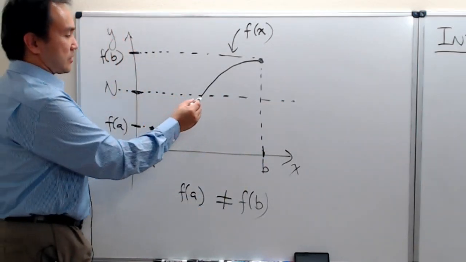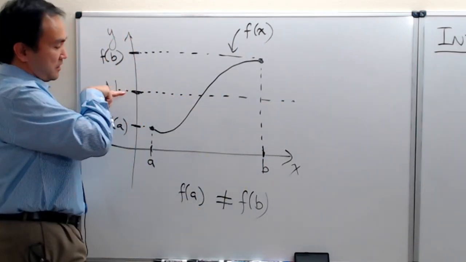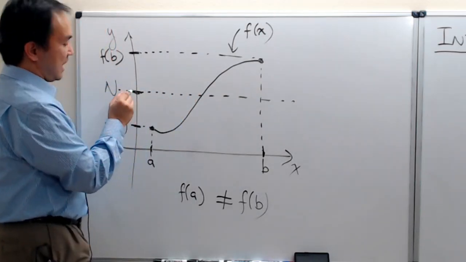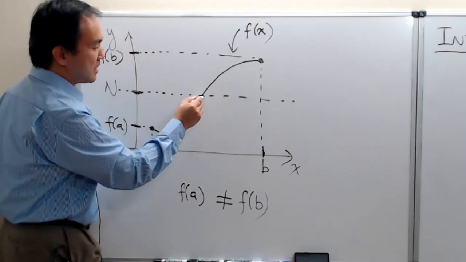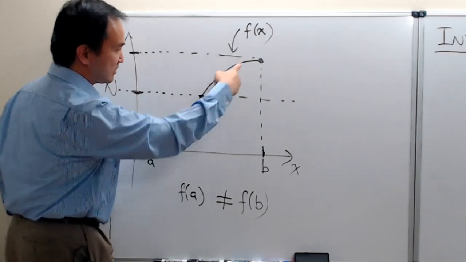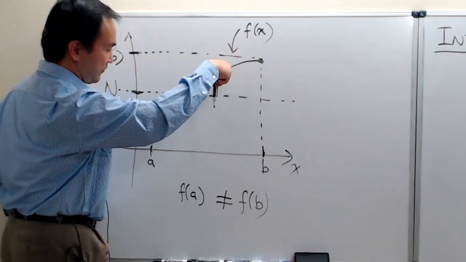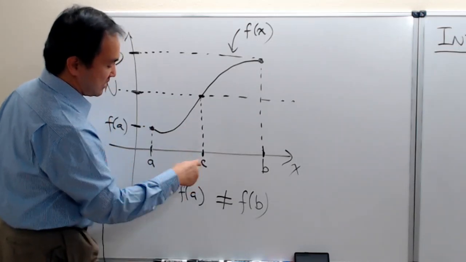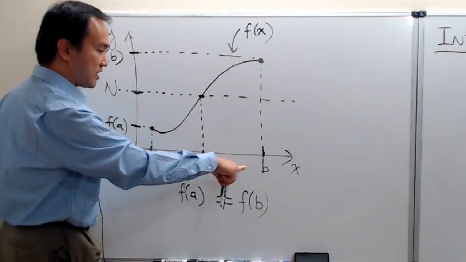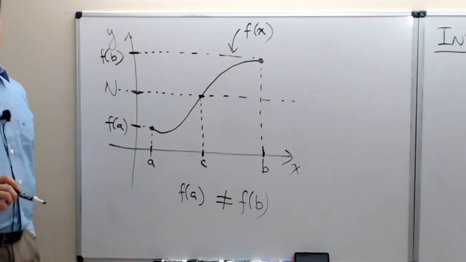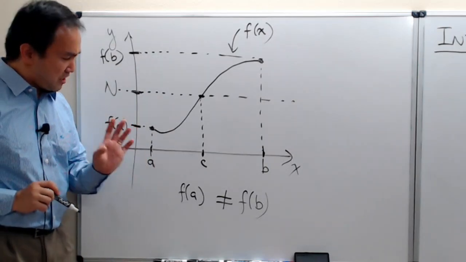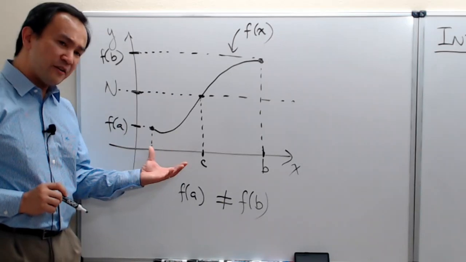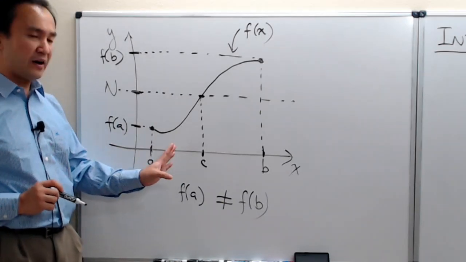If we draw a horizontal line through that height n, then the line must cross the graph of our function f of x at a point, and that point is a value c guaranteed to be inside of this interval. This is the whole graphical explanation of the intermediate value theorem.